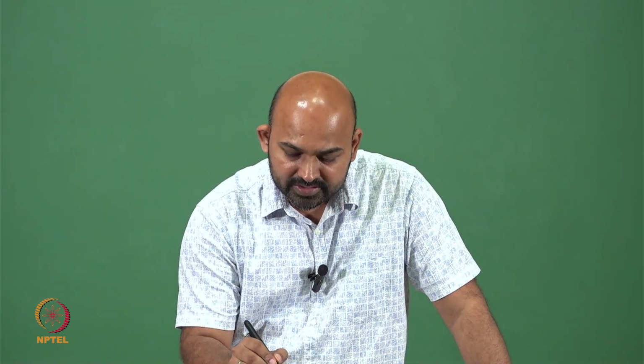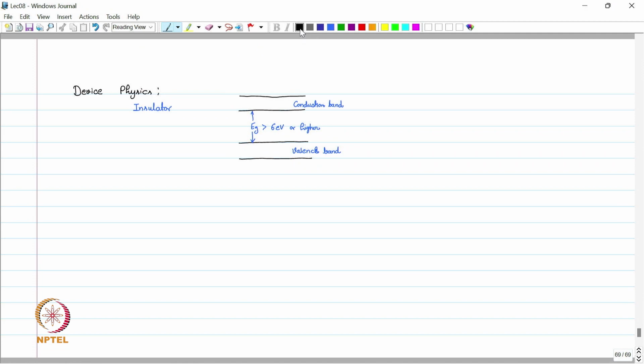The second case is we have metal. In metal, we have this conduction band and valence band. They are typically overlapped.